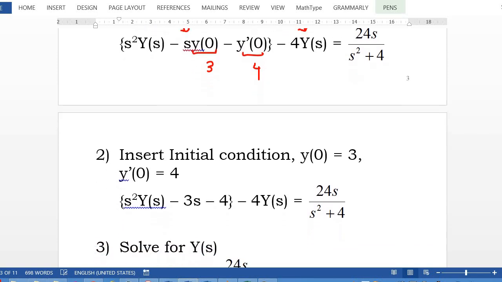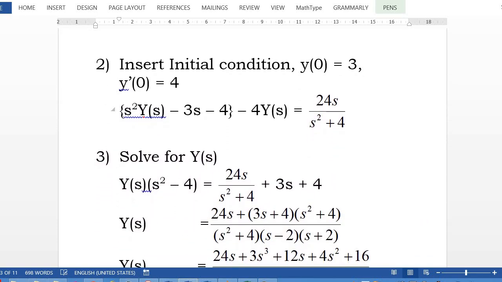Third step, solve for Y(s). Okay, then you factor out the Y(s) term on the left-hand side. So Y(s), in brackets, this term we have s squared, and then we have one more, so factoring out Y(s), we have minus 4 here. So the term without Y(s), bring it to the right side, so it becomes 3s plus 4, and this side has the 24s over s squared plus 4.